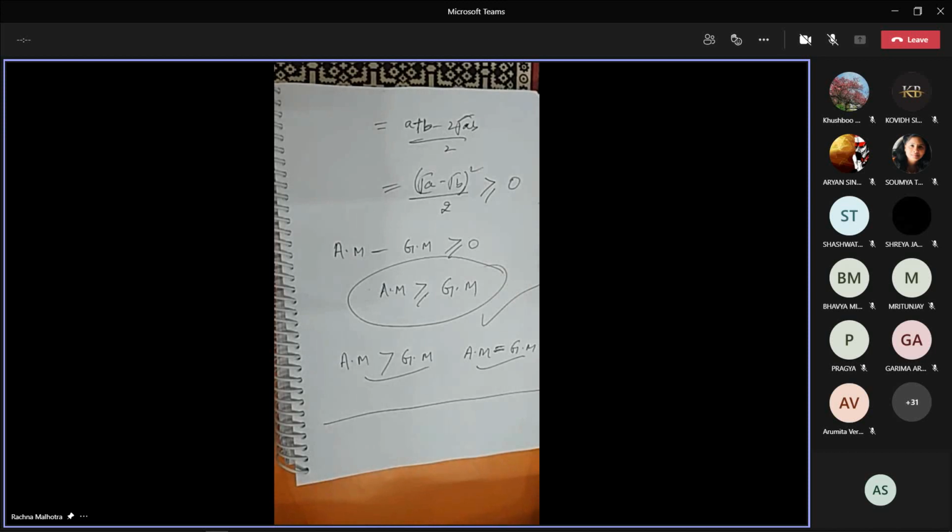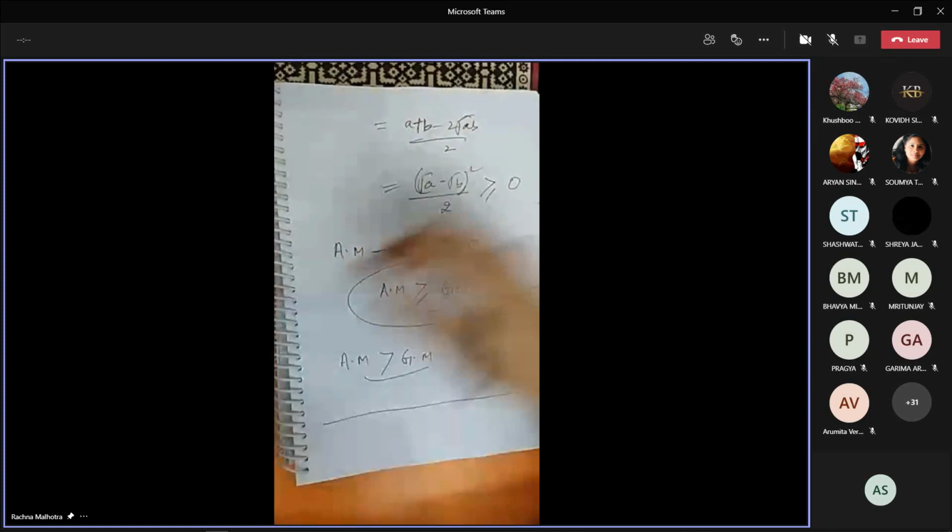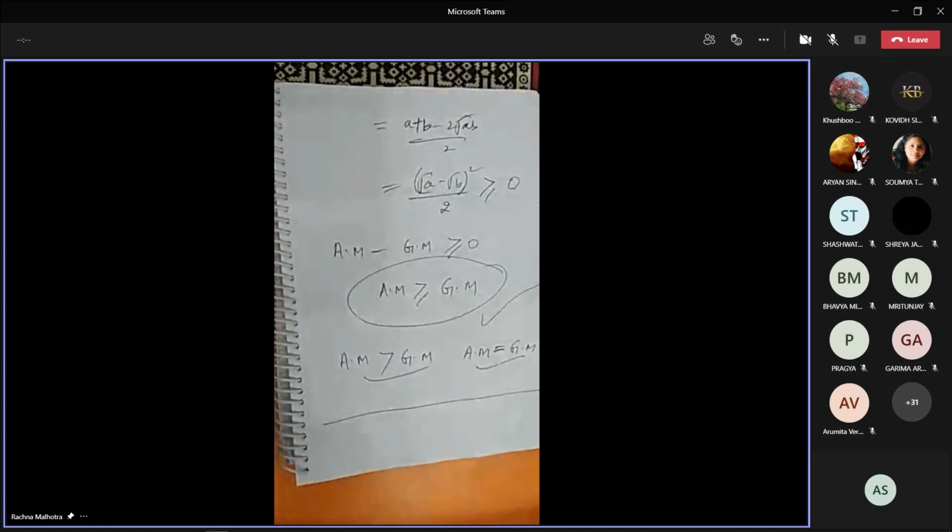Should I repeat? Yes, ma'am. From the previous page or from this one? Ma'am, how was the whole square equal to 0, that part?